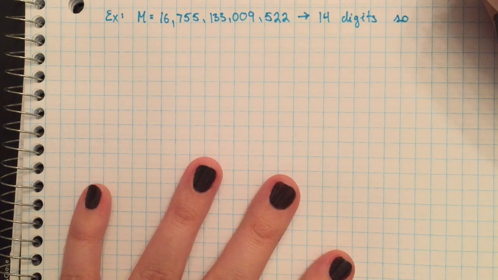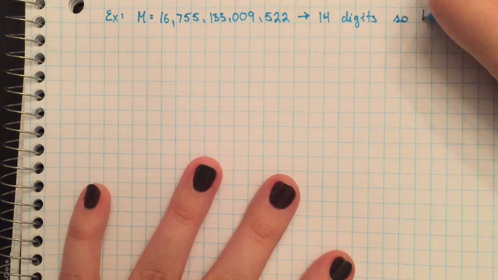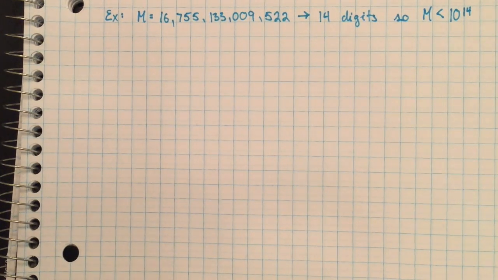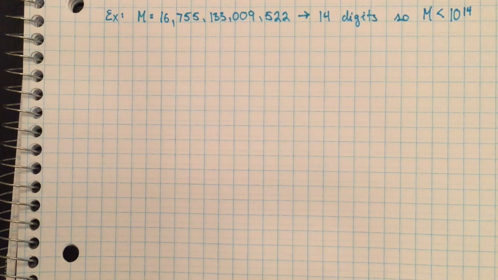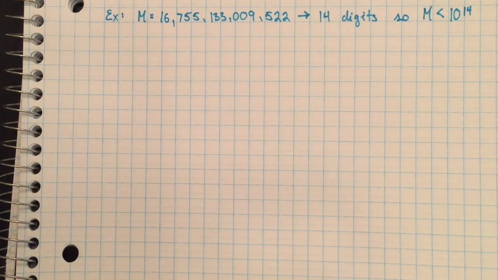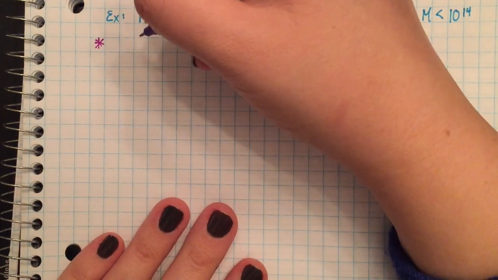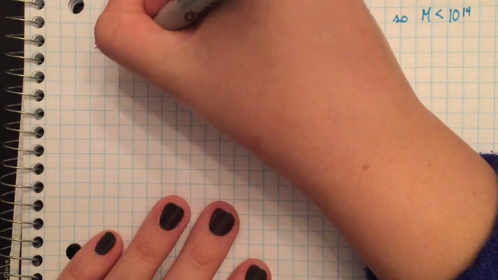So when I look at it, I know it's going to be less than a number 10 to the 14th power. Because 10 to the 14th power would be 100 trillion. And right now I only have 16 trillion.